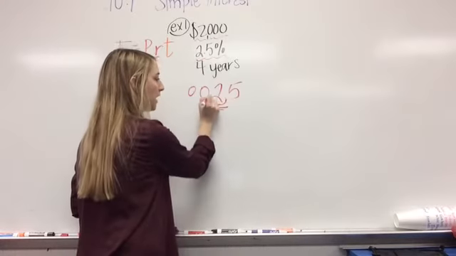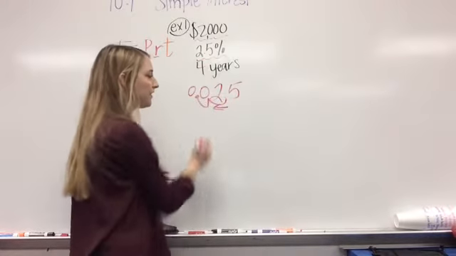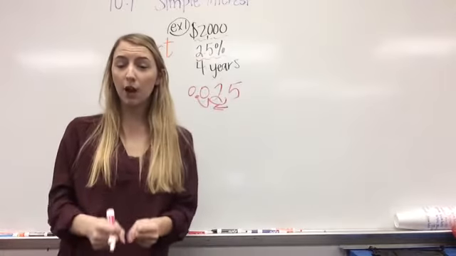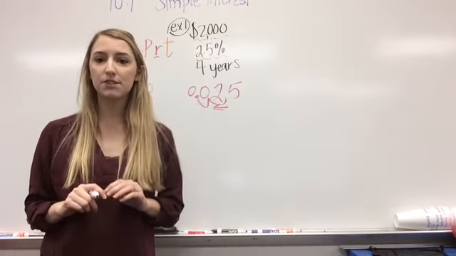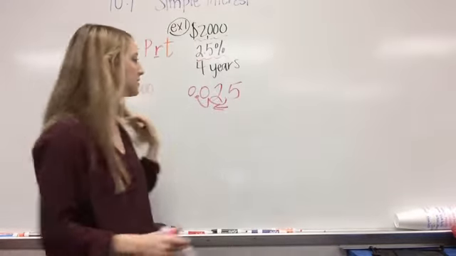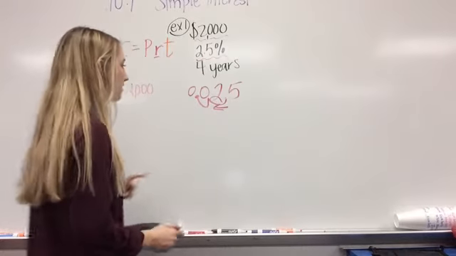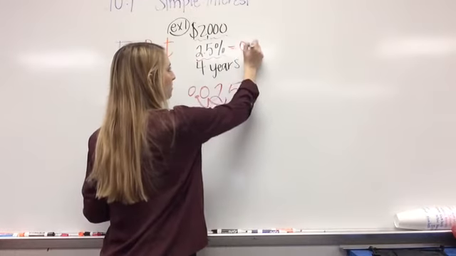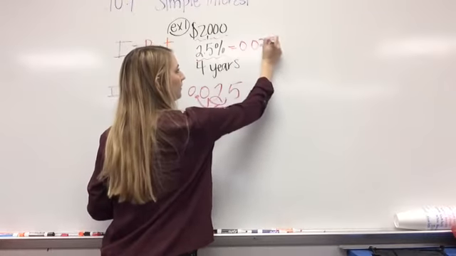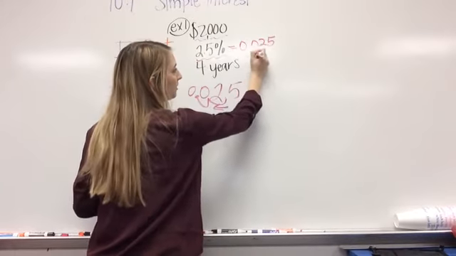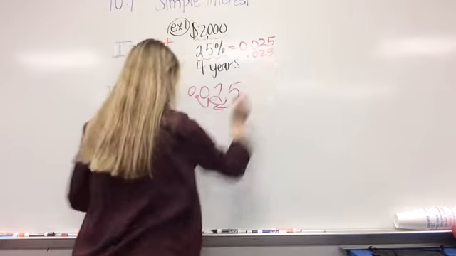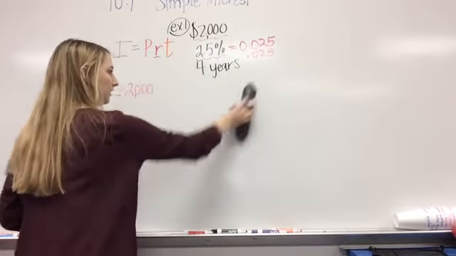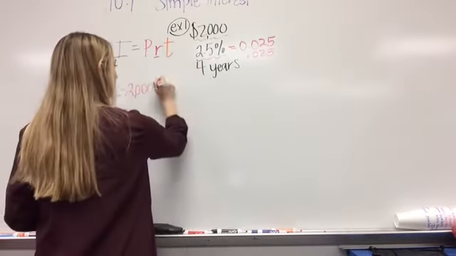Okay. 1, 2. Even though there was a decimal in our percent, because there's a percent sign, we still have to move our decimal 2 places to the left. Okay, so that means that our rate is actually 0.025. You don't necessarily need that 0, you can write .025.